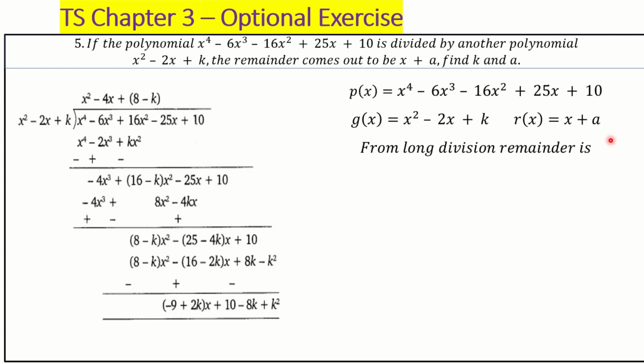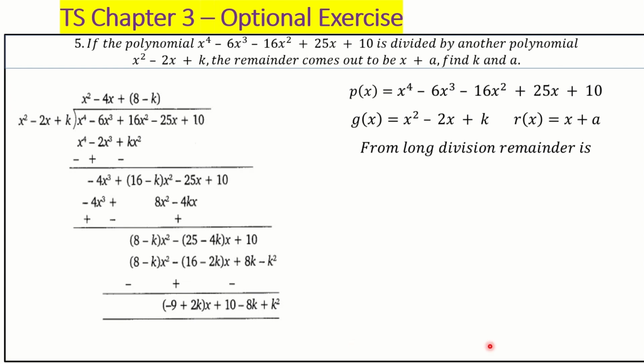Carefully write the k terms and a terms. The a term won't come now, but the k terms will come actually. You will stop when in the remainder the degree of x is less than the degree of x in the divisor, right?